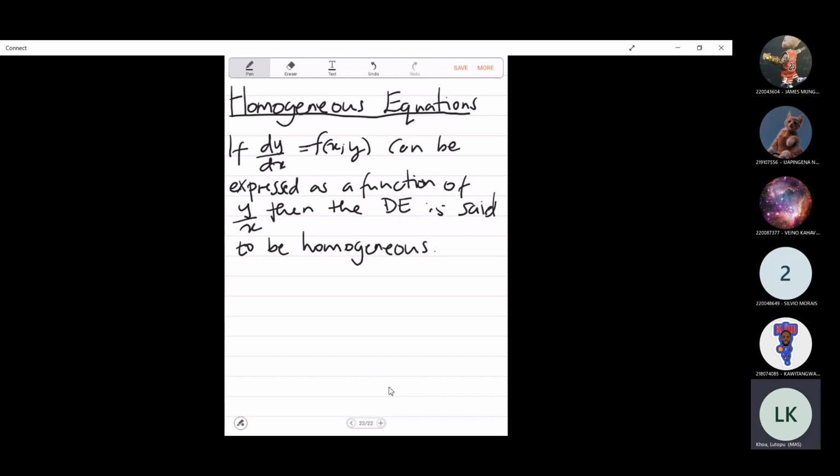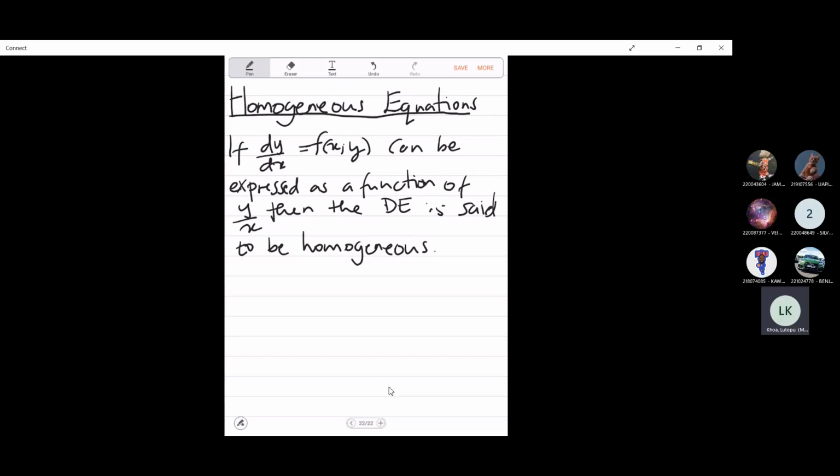Okay, so that means you can rewrite the equation so that every variable is y over x. And then when we have that, then we can make a substitution that helps us to solve these homogeneous equations. So we look at some examples of homogeneous equations, what they look like.